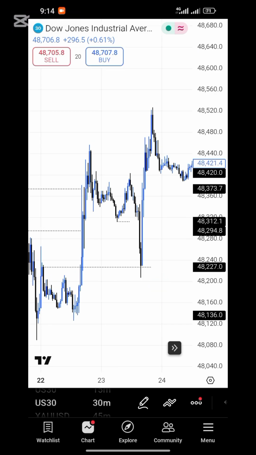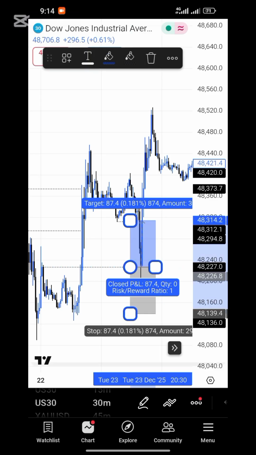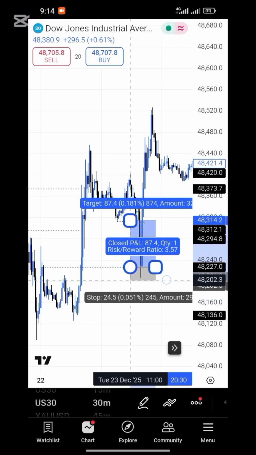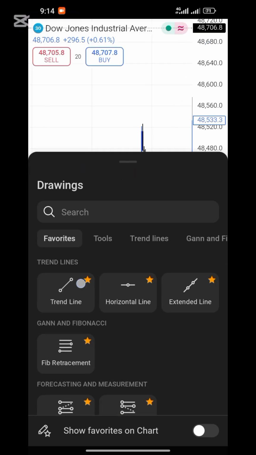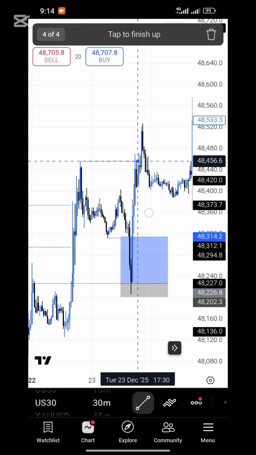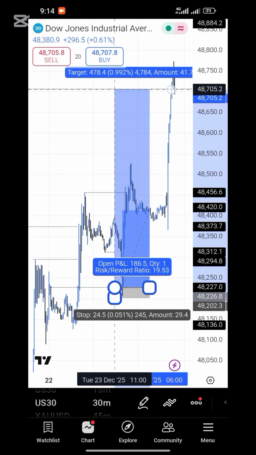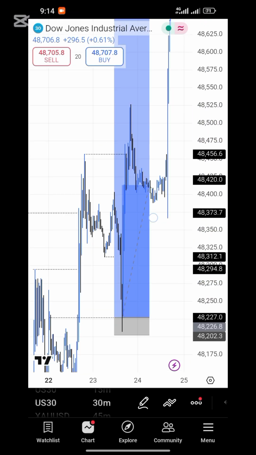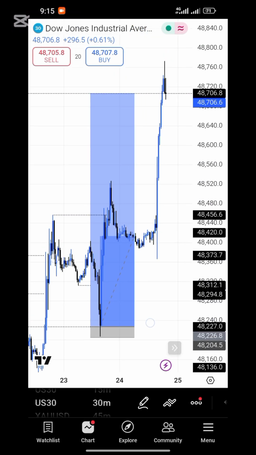So I placed the limit here, putting it on this next key level, targeting this as my first target, followed by this other swing high up here. So we'll have it there.